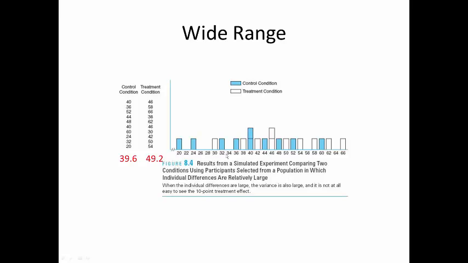However, if you look at the picture, it's not clear which group performed better, and the reason is the wide range. So if your groups are not alike, they are not homogeneous, it's very unlikely that you see a significant difference.